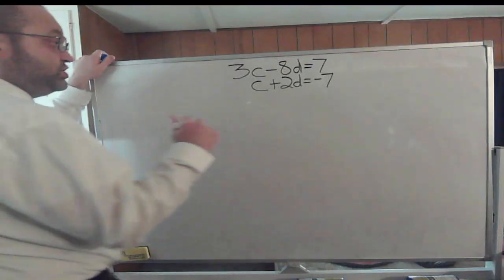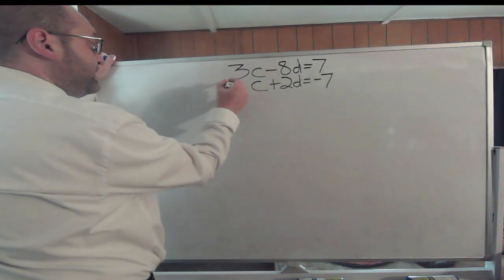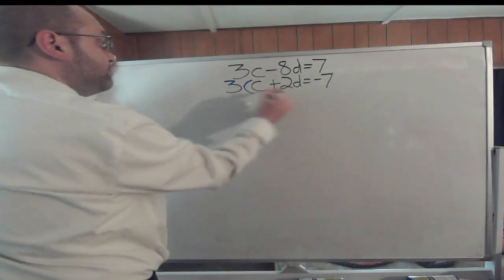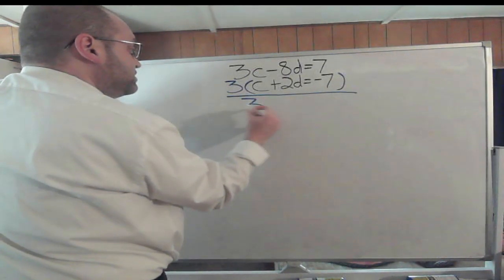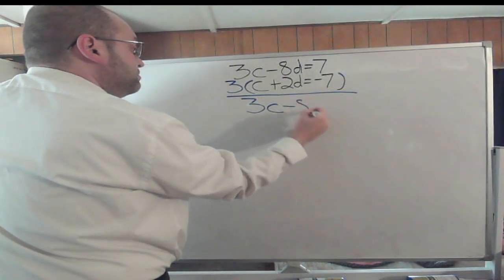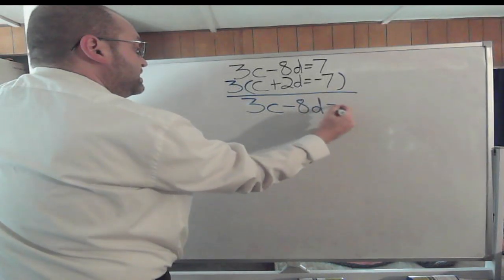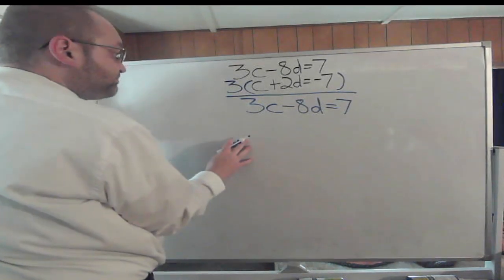So what I would do personally, take your second equation, multiply it by 3, then what you'll have is still your first equation, 3c minus 8d equals 7, right?